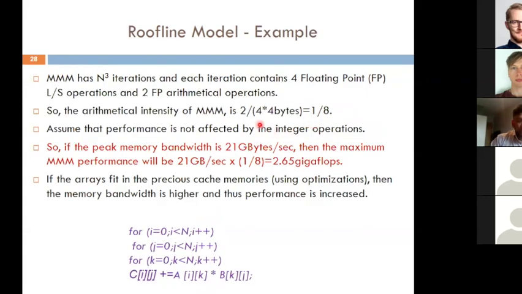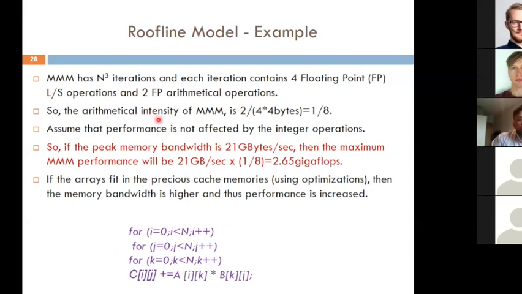Already I have explained how we can get the arithmetical intensity of the code. We can calculate it this way: total floating point arithmetical operations divided by total load and store bytes.